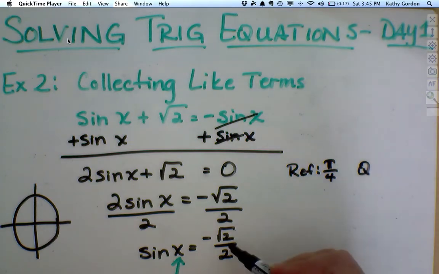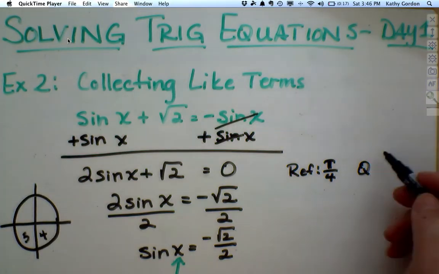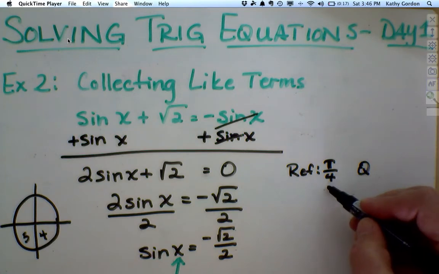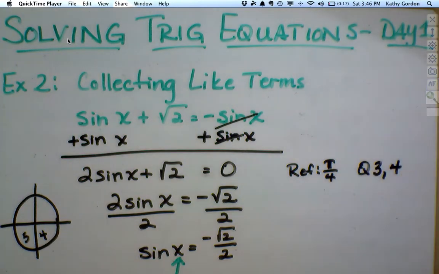If this really is supposed to be negative square root of 2 over 2, in which quadrants is sine negative? Well, that's going to be in quadrant 3 and in quadrant 4. So I need angles that have a reference angle of pi over 4 but are in quadrant 3 and quadrant 4.